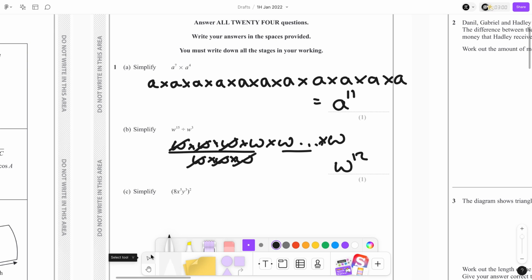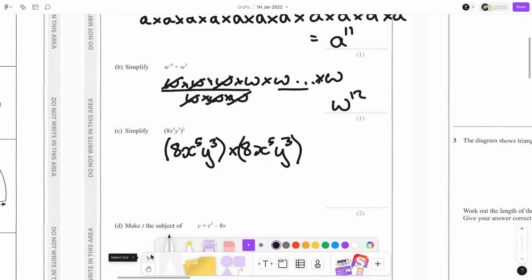Simplifying this one, so this is 8x to the 5 y cubed times 8 x to the 5 y cubed, which, if we do that in a different order, we can do the 8 times the 8, that's 64, x to the 5 times x to the 5, we'll just add the indices, that's x to the 10, y to the 3 times y to the 3, y to the 6.